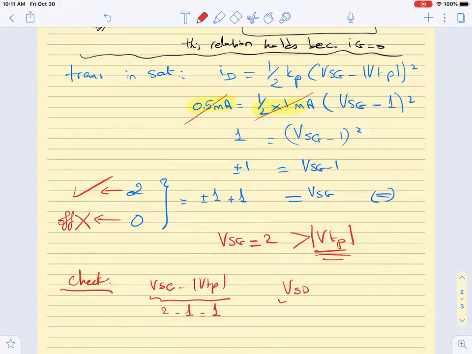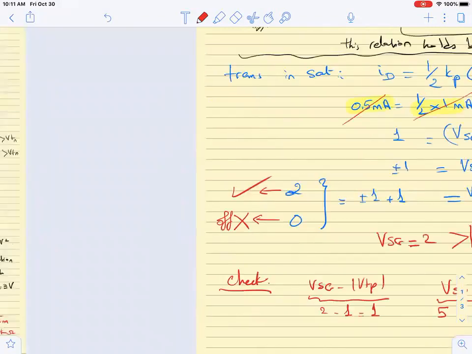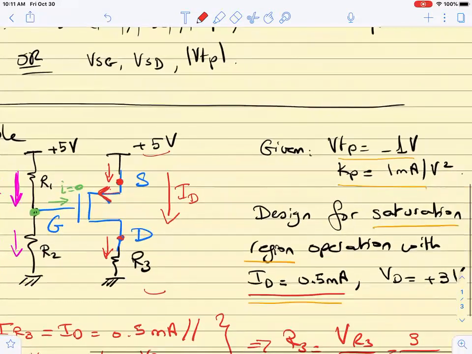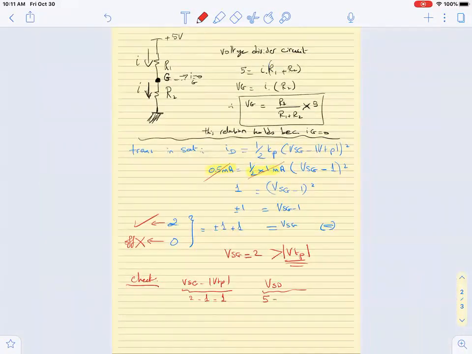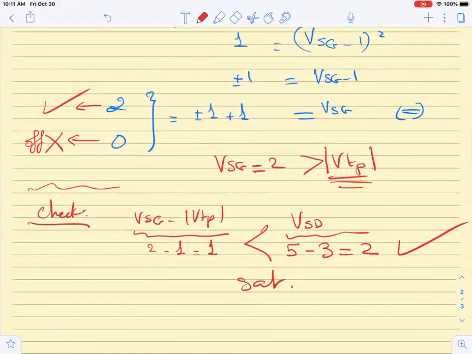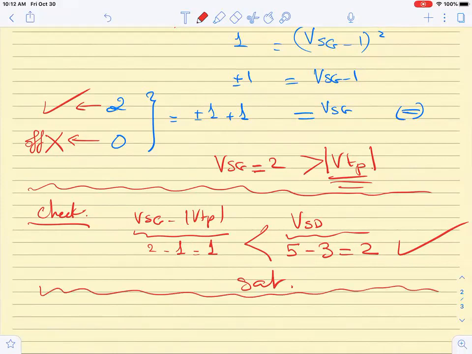And VSD is equal to VS, which was 5 volts, minus VD, which is 3 from the given. So VSD is equal to 5 minus 3, which is equal to 2. Therefore I am in the saturation region. This is an extra check, we are making sure that all our calculations are correct.